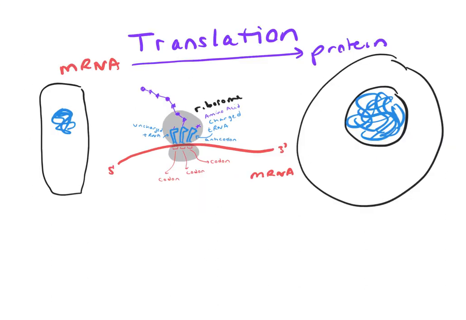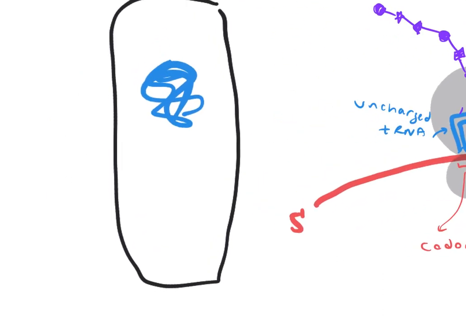Okay, so before we look at the specific steps of translation, I just want to make sure that we're thinking about where this is occurring. So remember, if we were in an E. coli cell, the RNA would be made, let's say these are mRNAs. They could be floating out in the cytoplasm, or they could be actively being transcribed like this.